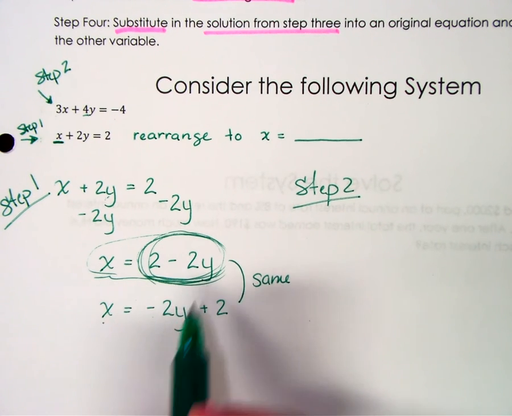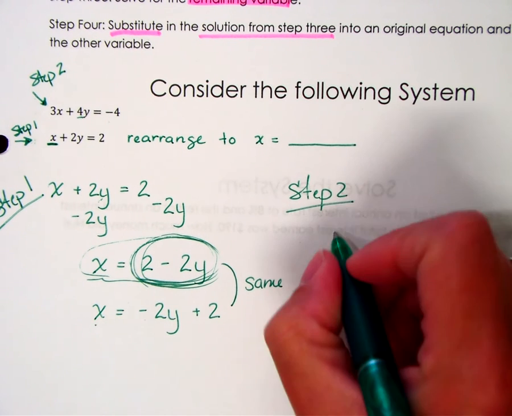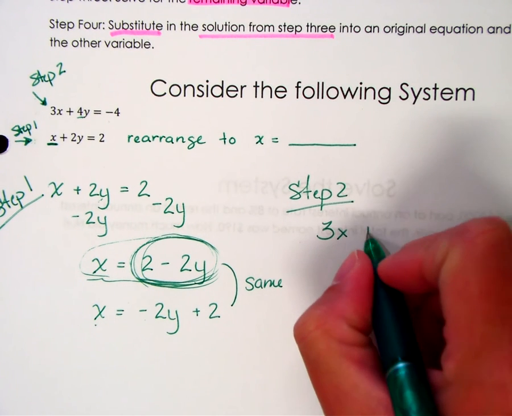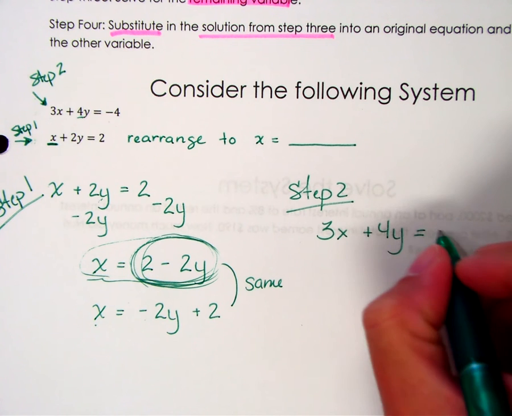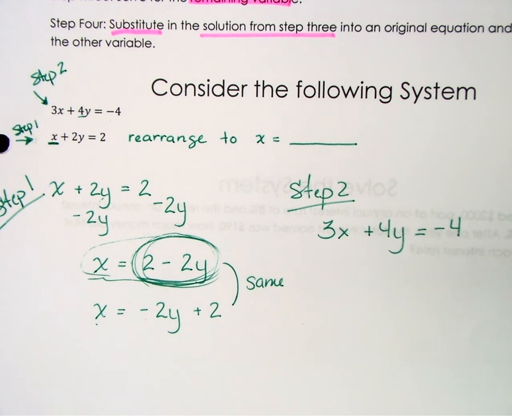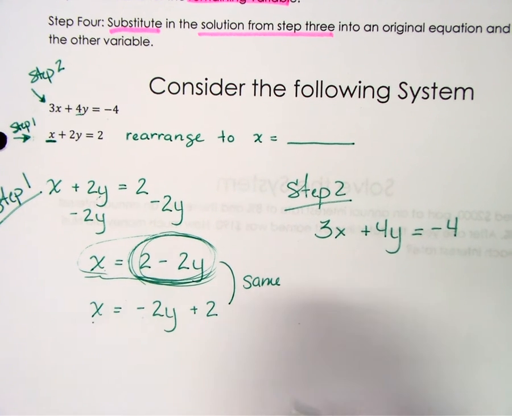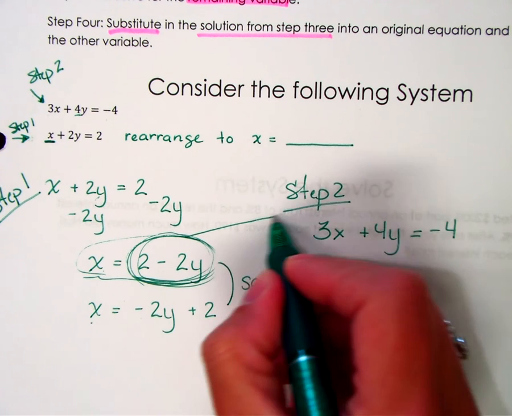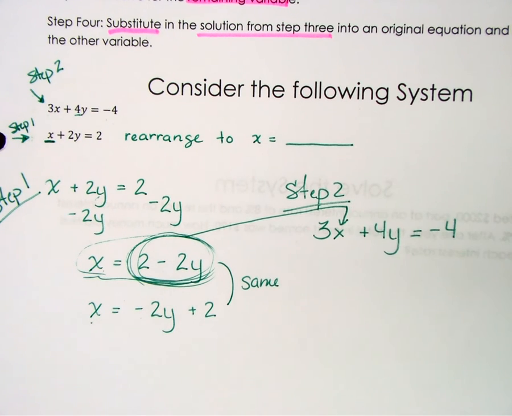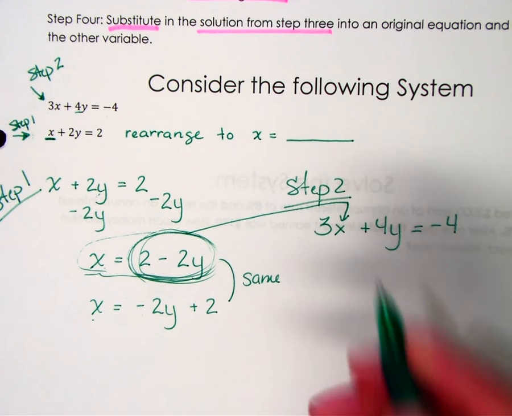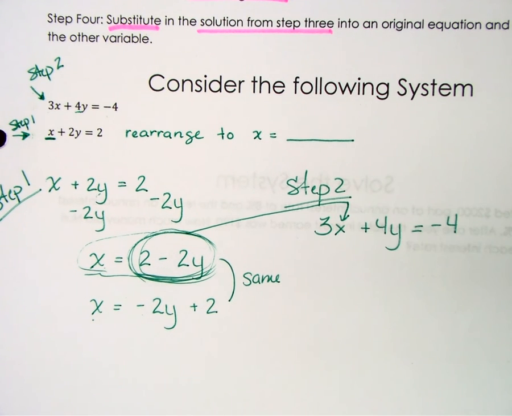So I'm going to take this, and the other equation is 3x plus 4y equals negative 4. So what I'm going to do is instead of writing x, I'm going to substitute this in. So I'm going to put this in where I see x. So we know that the mathematical operation between the two, the 3 and the x, is multiply.